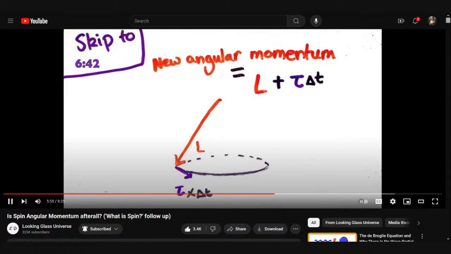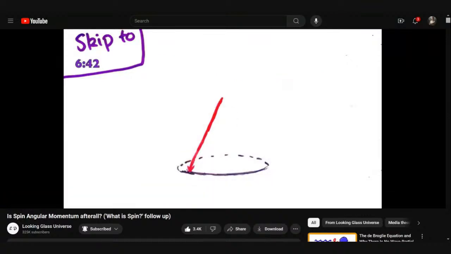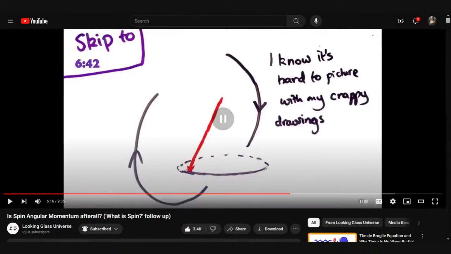Multiplying the torque by delta t just makes it smaller, and then we add our old angular momentum. Using vector addition, the result is this vector. You can see how the angular momentum has started to turn around this circle. But if you think about it, the magnetic field is still trying to twist it, but now in that direction.